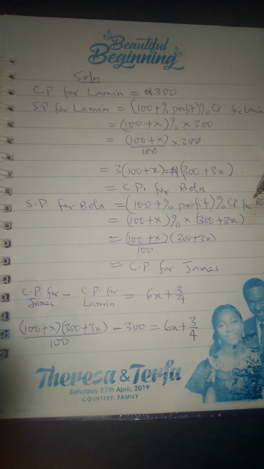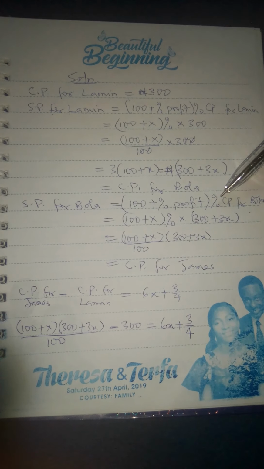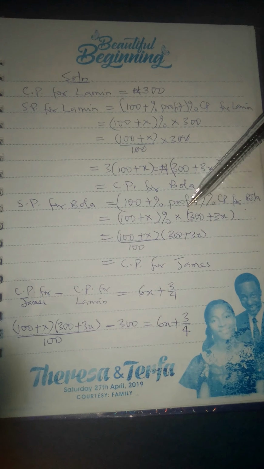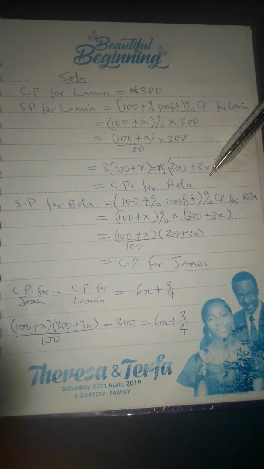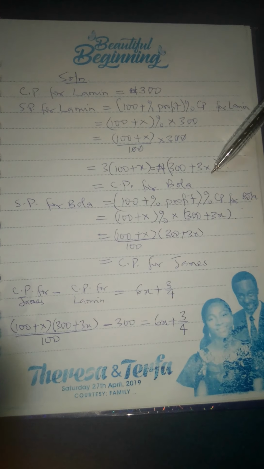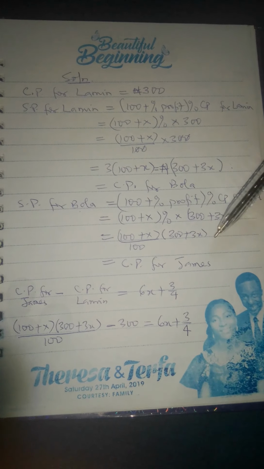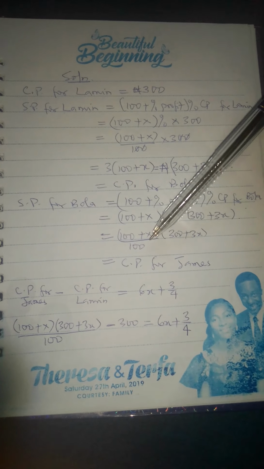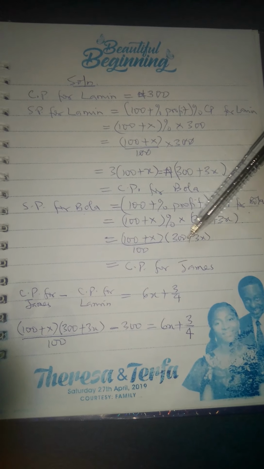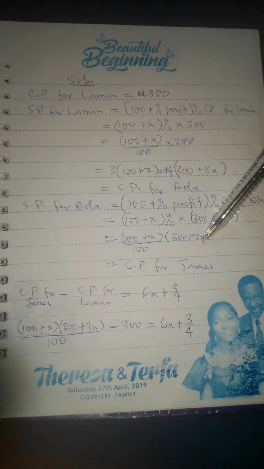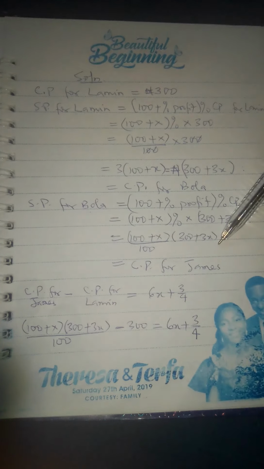And the percentage profit for Bola is also x%. Put the x to replace your percentage profit. Then the cost price for Bola now is (300 + 3x). 100 + x% means (100 + x)/100, which I will advise you leave like this. Don't expand. Now, since Bola sold to James, this selling price for Bola will now serve as cost price for James.